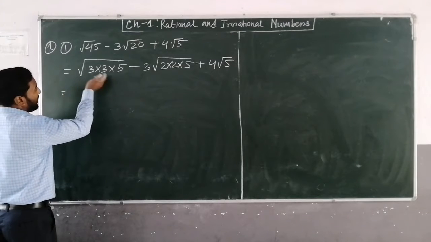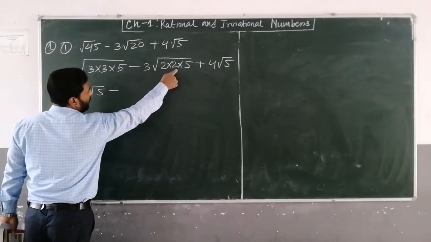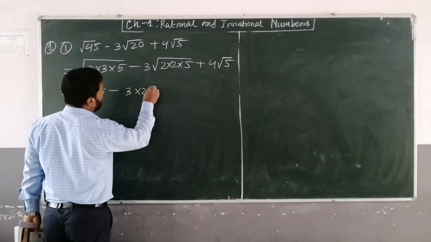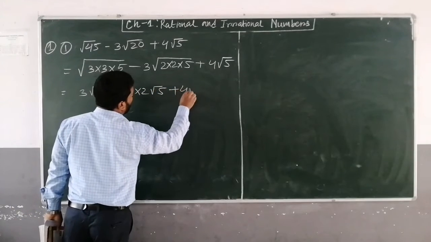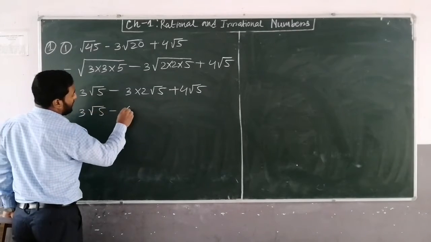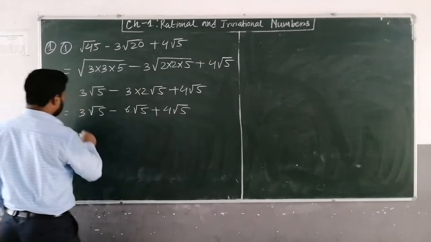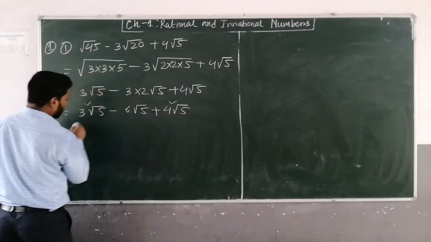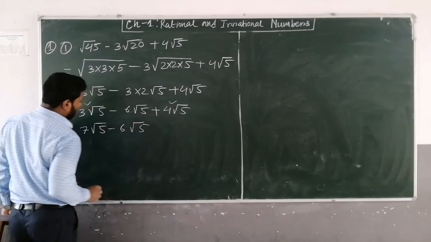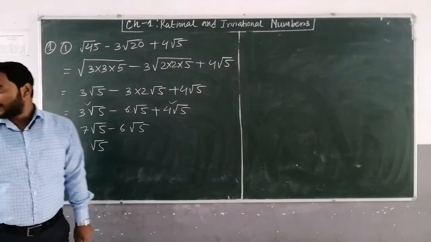For 3 3, one 3 will come outside because of the square root, so 3 root 5 minus, for 2 2, one 2 will come outside, so 3 into 2 under root 5, plus 4 root 5 equals 3 under root 5 minus 6 under root 5 plus 4 under root 5. This is positive and this is positive, so add them. So it will be 7 under root 5 minus 6 under root 5. So that is under root 5. Okay, so this is the first part.